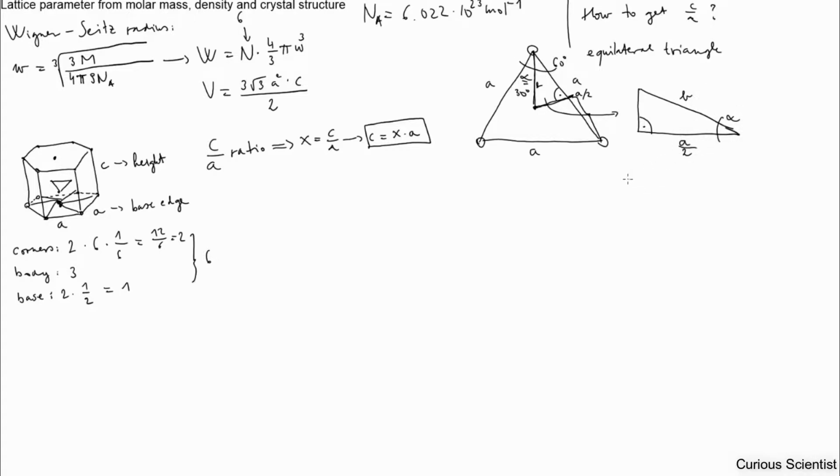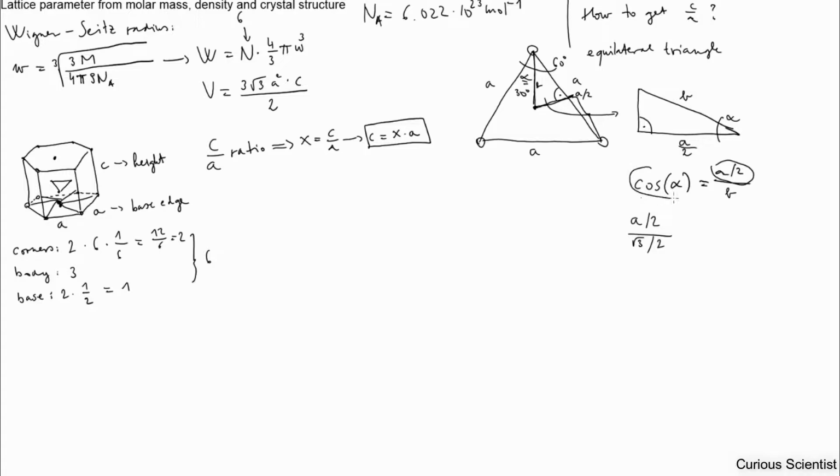So this is the same as cosine alpha equals a over 2 divided by b. And then if we rearrange this equation, then we see that a over 2, divided by the cosine alpha, which is cosine 30 degrees, which is square root of 3 over 2.